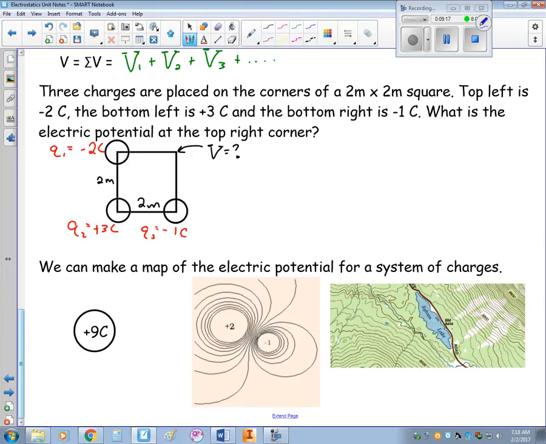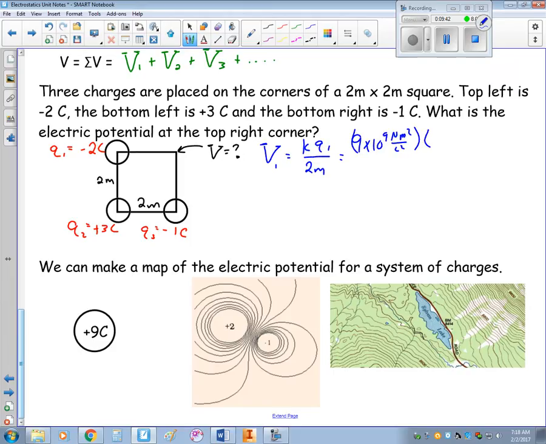So the potential from particle 1 would be k Q1 over r. Particle 1 is 2 meters from that corner. So k is 9 billion newton meter squared per coulomb squared.